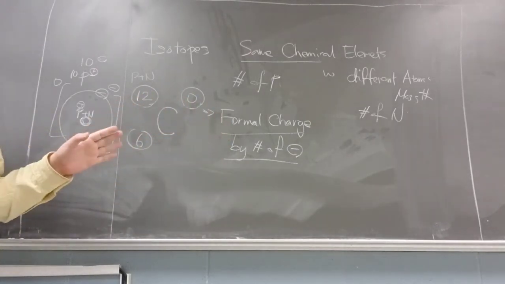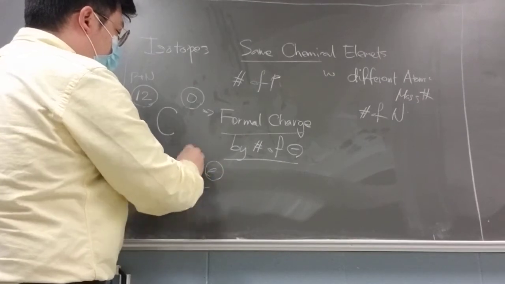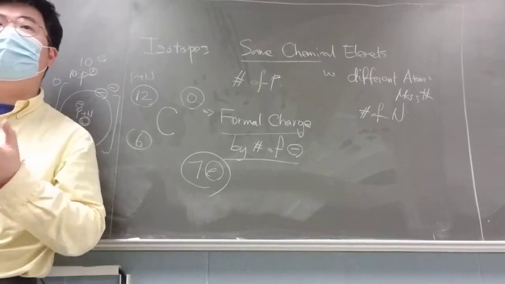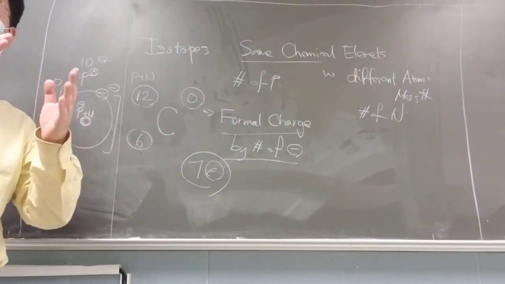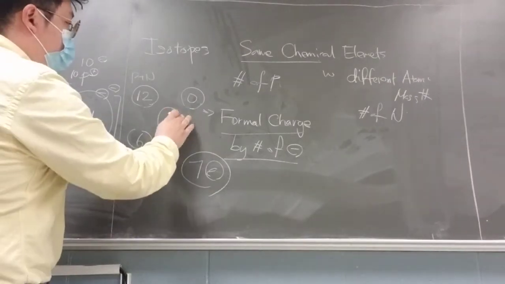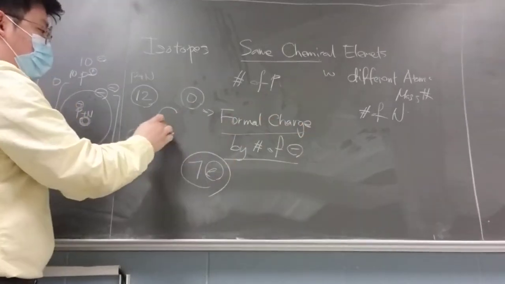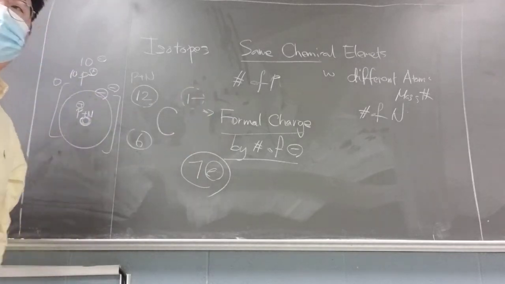Okay. So what if it has 7 instead of 6? Let's assume this carbon has, instead of 6, maybe 7. So it has 1 more electron than the number of protons now. So this carbon will carry an additional electron, and then it will become -1.